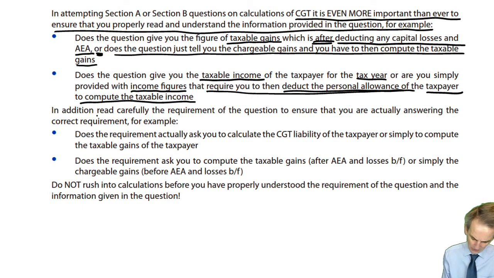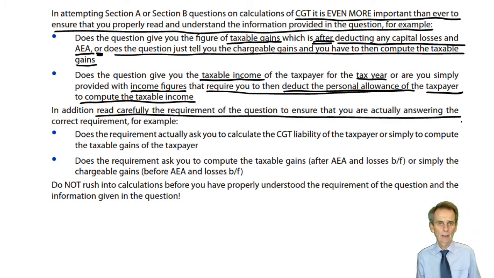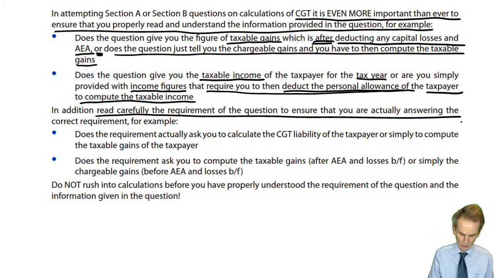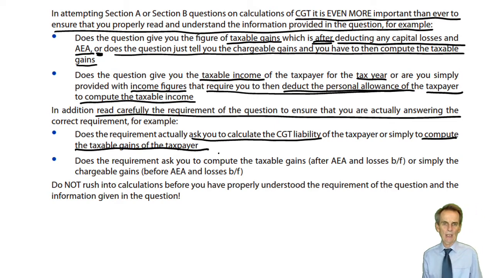In addition, read carefully, as we've said, the requirement of the question to ensure that you're actually answering the correct requirement. So, for example, does it actually ask you to calculate the CGT liability of the taxpayer, as we'd probably expect, or simply to compute the taxable gains of the taxpayer?